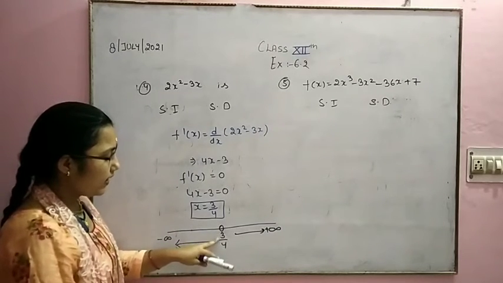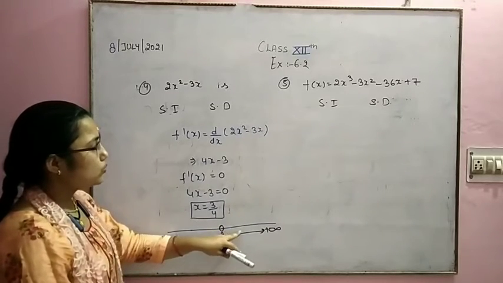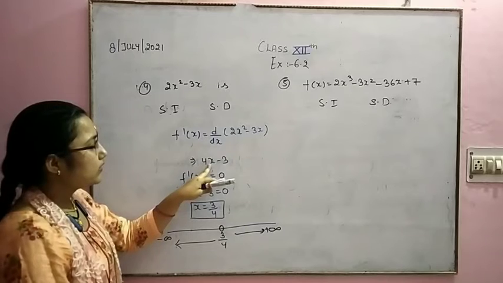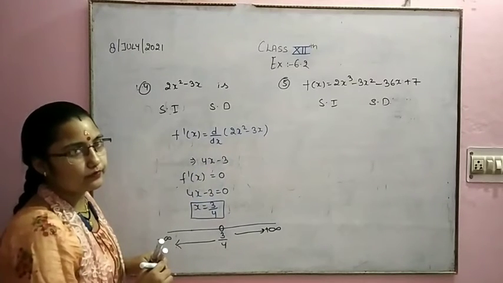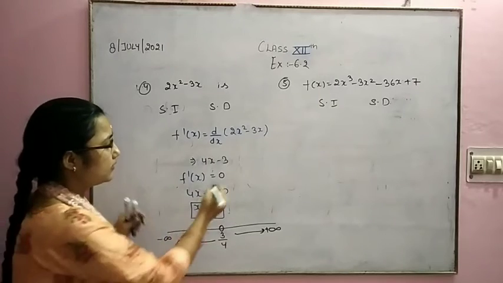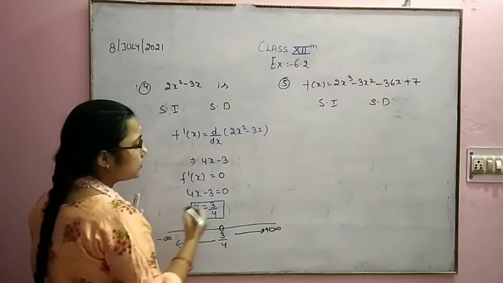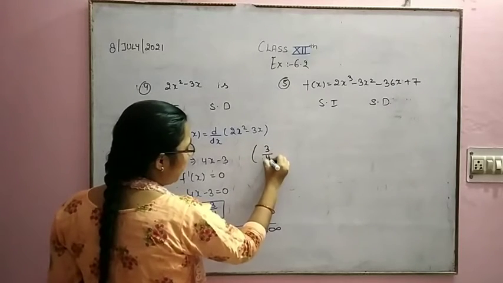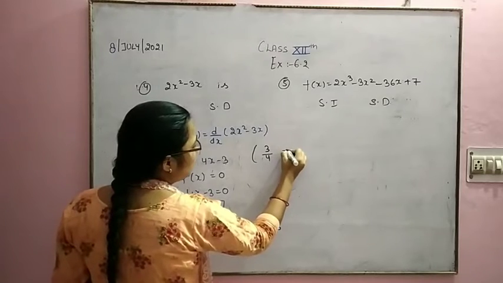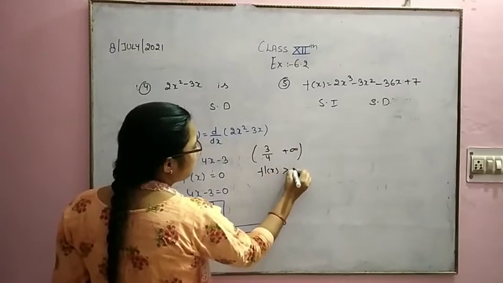If we divide 3/4, we get 0 point something. And if we put 1, 2, 3 and 4 and so on in f dash x, we get positive values in increasing order, correct? That means for the interval 3/4 to positive infinity, we get f dash x greater than 0.